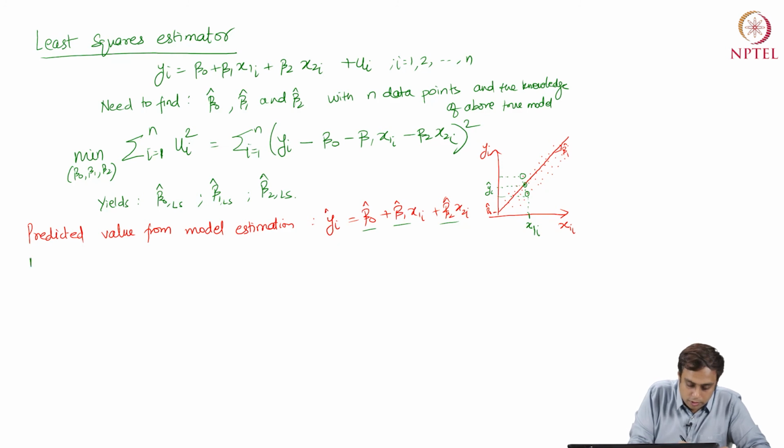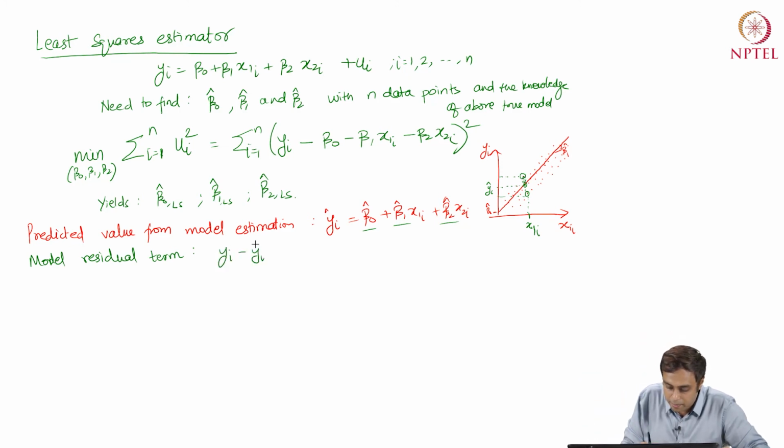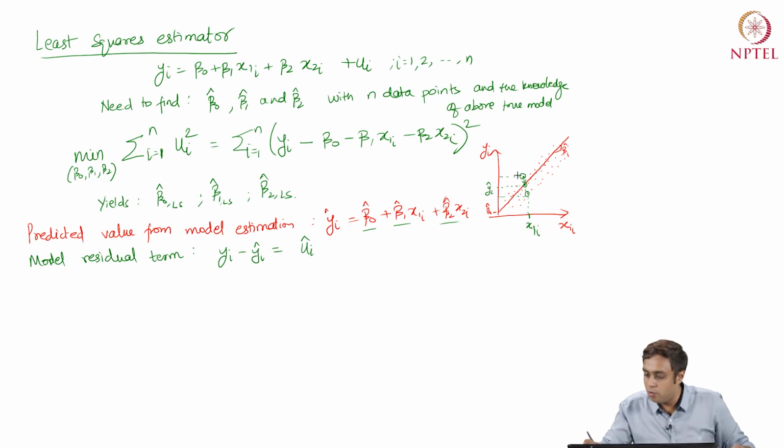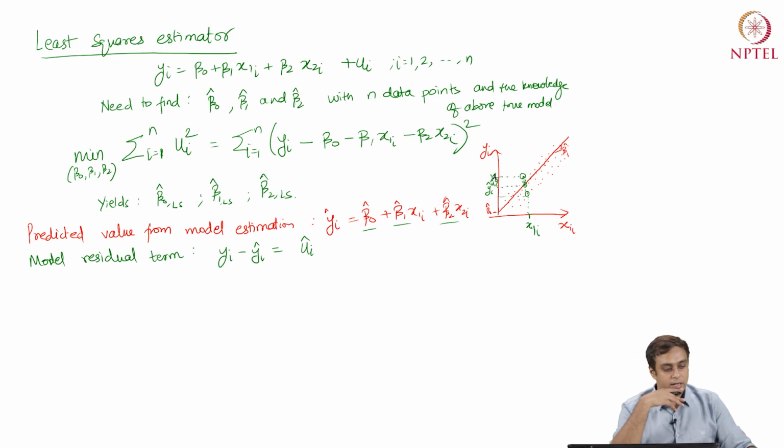Then the model residual term, that is what this model could not explain, is the distance between the truth and the predicted value, that is yi minus yi hat, which is nothing but ui hat. Now you can represent ui hat values in this fashion. To each xi, we can have more than one ui hat. In fact, we typically have more than one ui hat value if we have a dense enough data set.